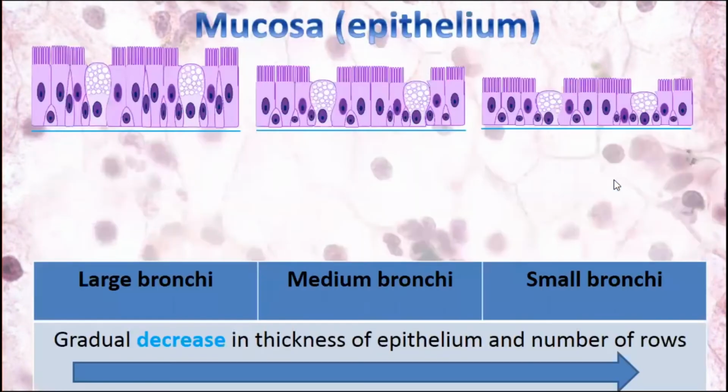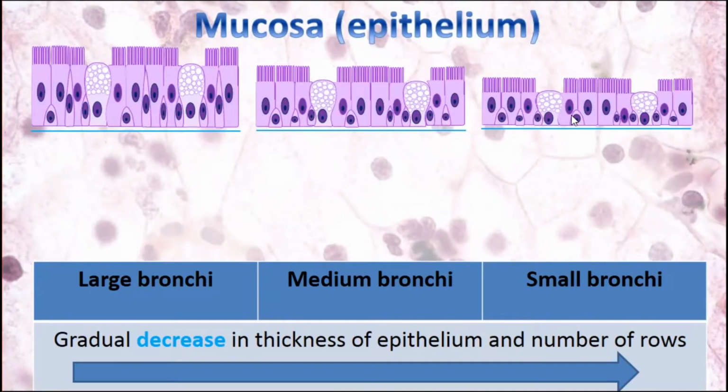So here we can see the innermost layer, it's epithelium of mucosa, and we can find here gradual decrease in thickness of epithelium and number of rows. Here we can see tall cells and numerous rows in large bronchi. In medium bronchi, epithelium is thinner and cells are shorter, and in small bronchi, epithelium is the thinnest, and it goes even till cuboid type.